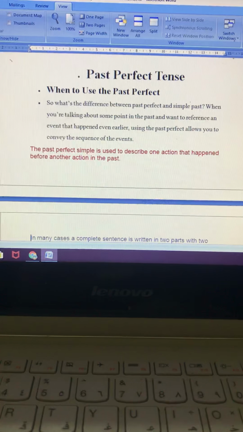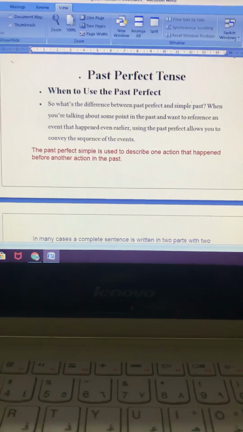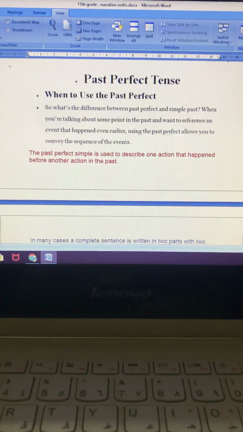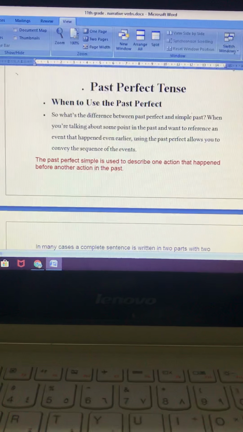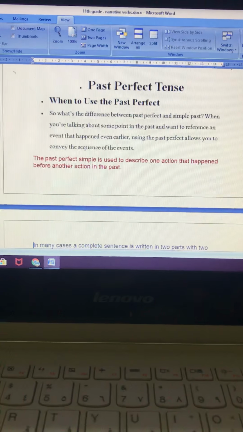which means عنا حدثين التنين صاروا بالماضي. تركيزنا انه التنين صاروا بالماضي. الحدث اللي صار قبل بيكون بالماضي التام اللي هو ال past perfect وال other one simple past.